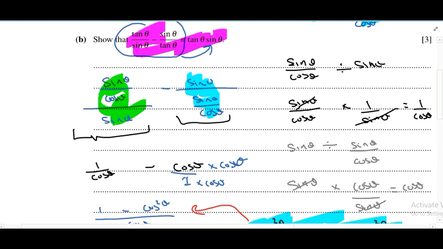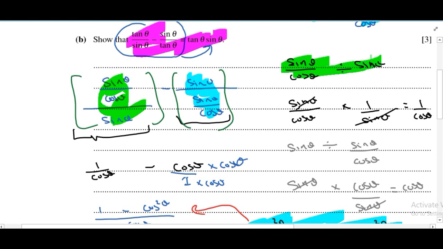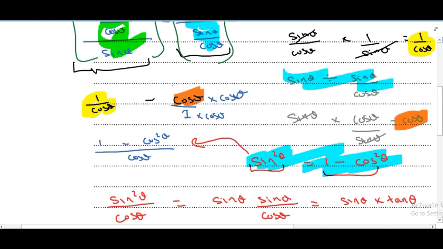I used the first identity to separate the fraction, this one and this one. Then I individually solved each fraction, used their results over here and over here. Then I rationalized this side to get a common fraction.